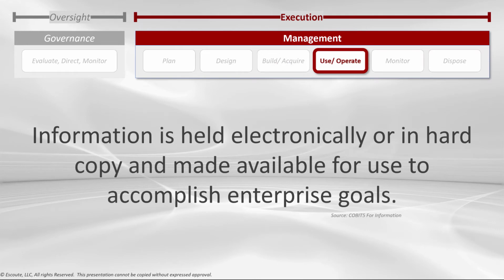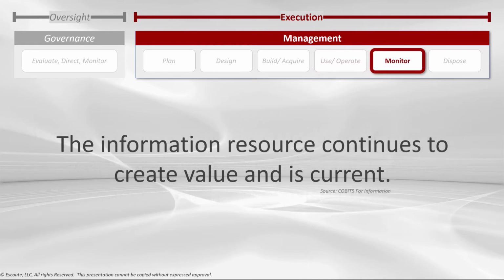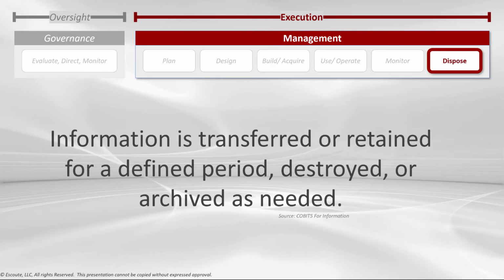Information is held either electronically or in hard copy, and it's made available to the organization so the organization can accomplish its enterprise goals. You monitor this information, the resource continues to create value, and then finally you dispose of that. You transfer it, you retain it, or you destroy it, because remember, information is valuable, but at a certain point it may become a liability to you.